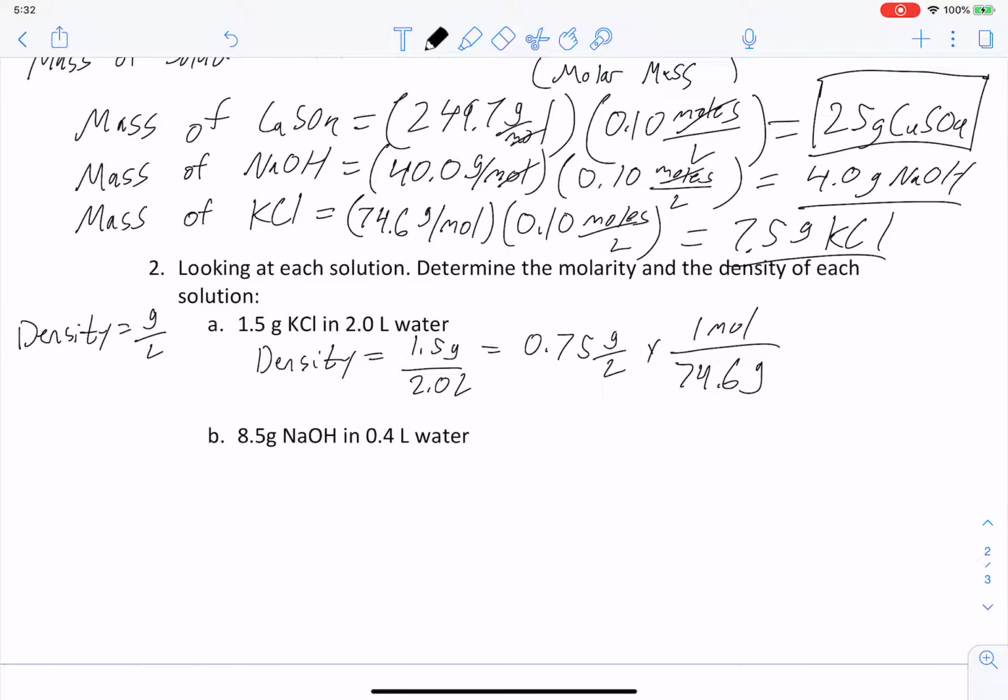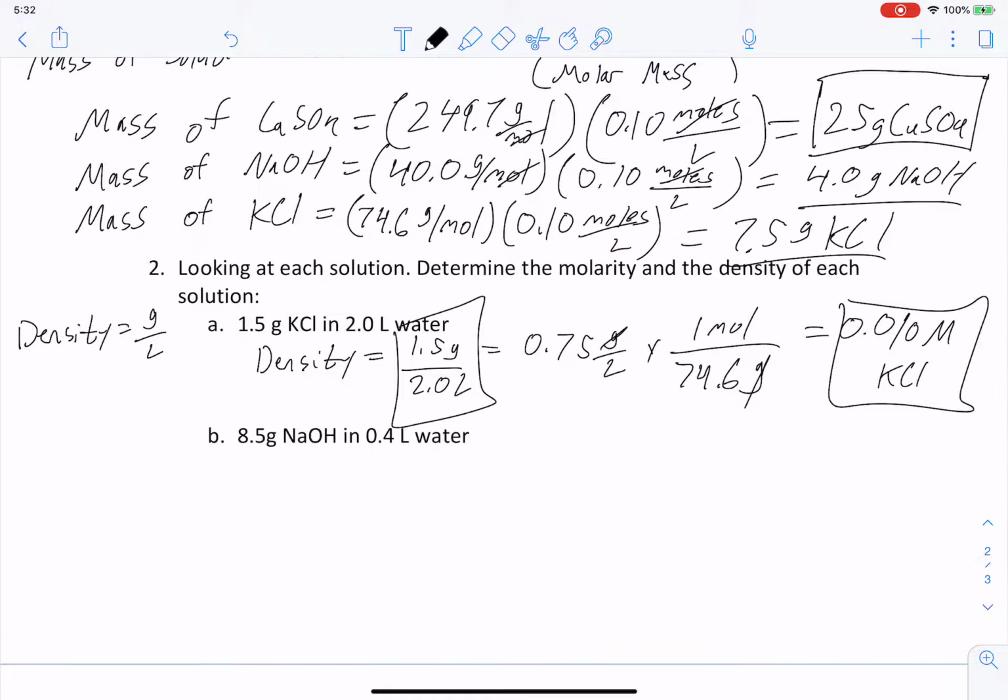We just took the molar mass and flipped it upside down so the units cancel. Then we take 0.75 and divide it by 74.6, and you get 0.010 molarity. So that's our density, and this is our molarity, or concentration, of potassium chloride.